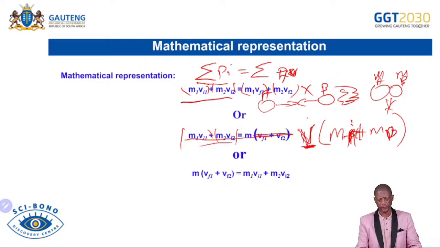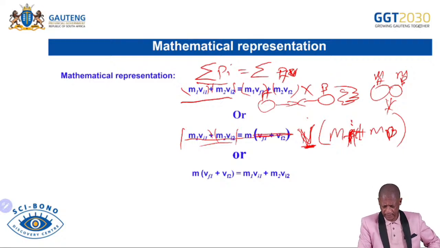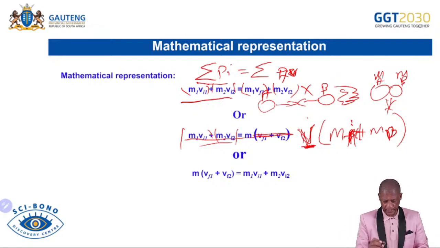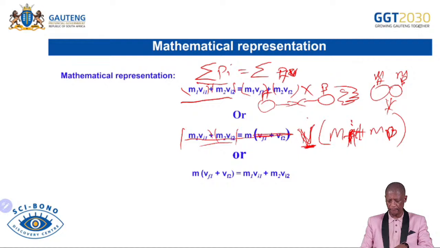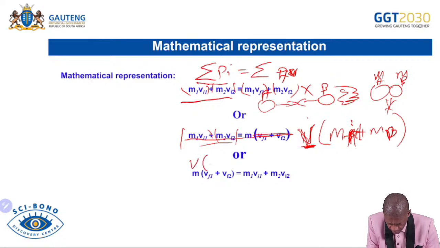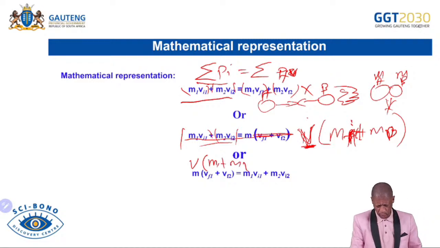Now, it can be vice versa again. They start combining, and then they separate. They start with one velocity, moving with one velocity, but they still have separate masses, because if I carry this with me, I've got my own mass, it has its own mass, but we're together. So we need to add: V(M1 + M2) equals, and this is before.